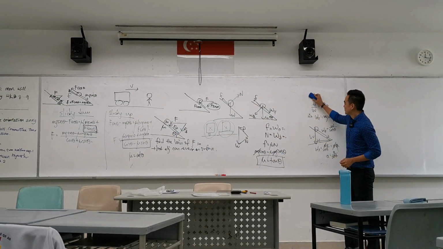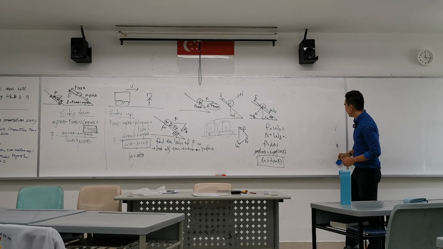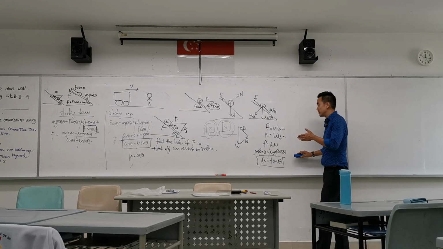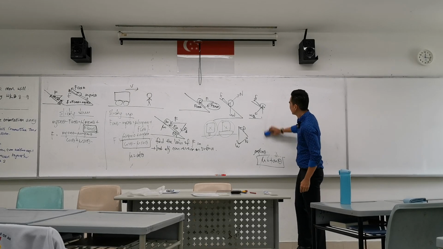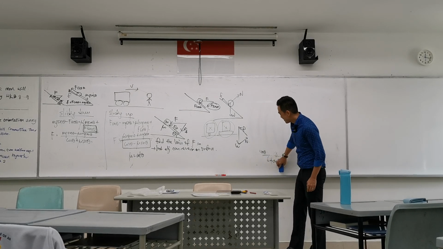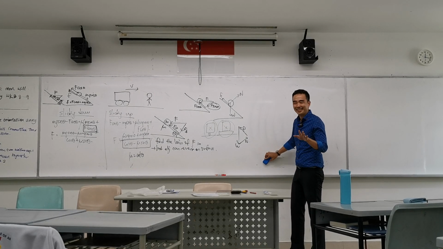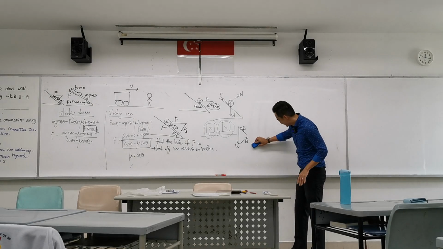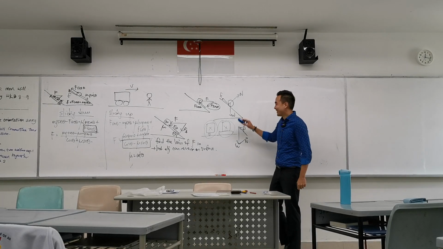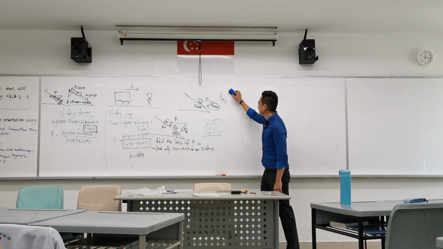Can someone tell me what's the relationship between F, M, and A? F equals to... no, relax, no tricks. What's the relationship?